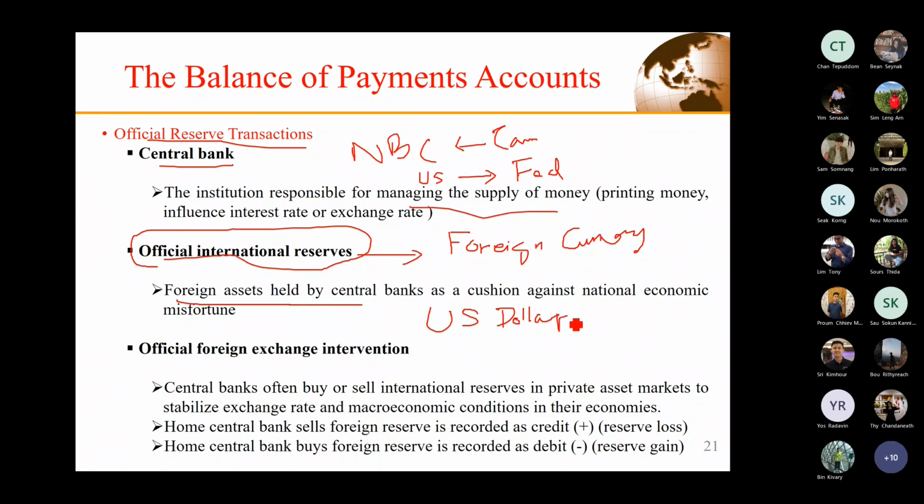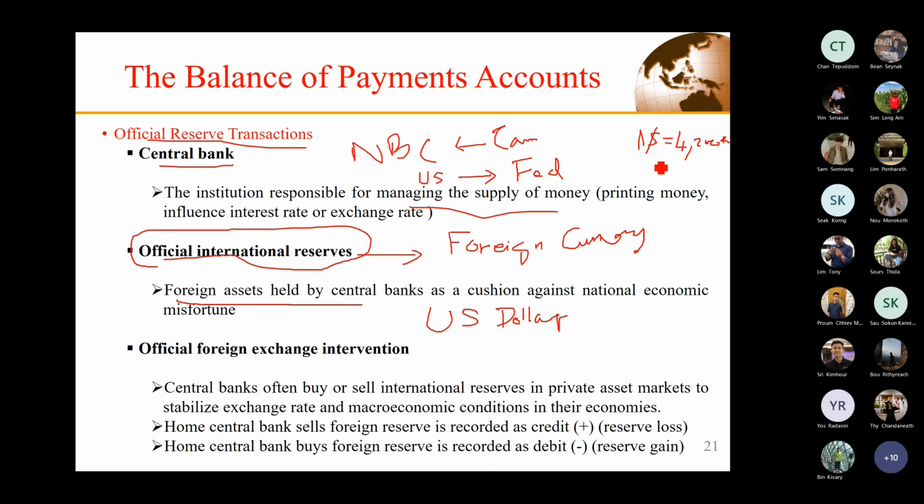For example, let's say $1 is 4,200 riel. So if you want to buy $1, you need to pay 4,200 riel.